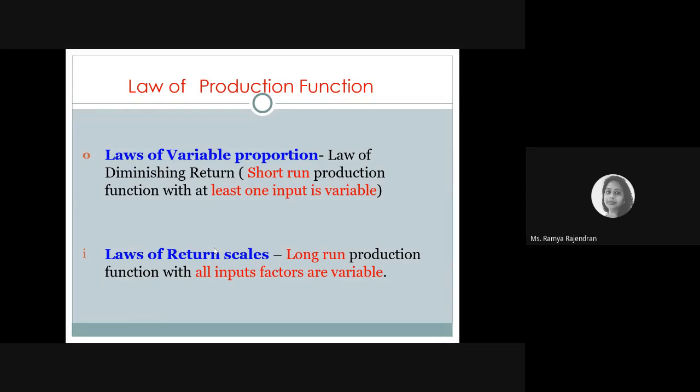In the short run only the variable cost varies. Here the fixed cost also varies. So this studies what happens in the long run production function over a period of 5 years or 10 years. That is called the law of returns to scale. We'll be discussing each of these laws in detail right now.